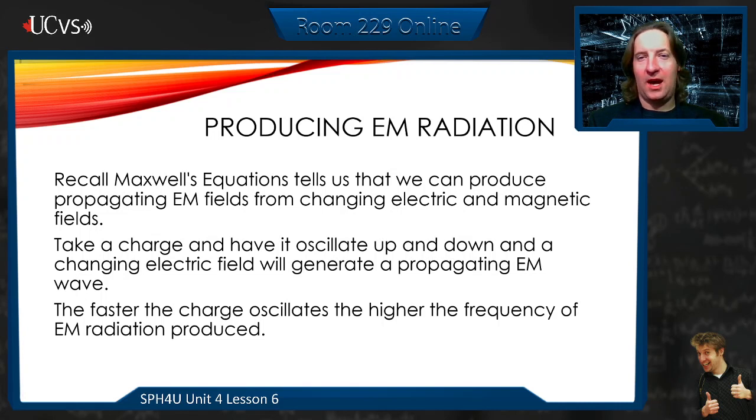Whatever frequency I move that electron up and down at, that's going to produce an electromagnetic wave at the same frequency. So if I want to produce faster frequencies, I just have to put an electric current through that wire, going up and down, oscillating at that same frequency.